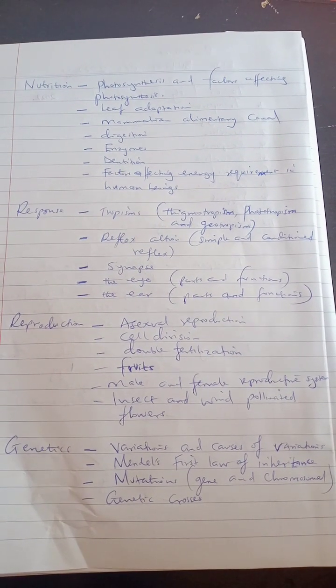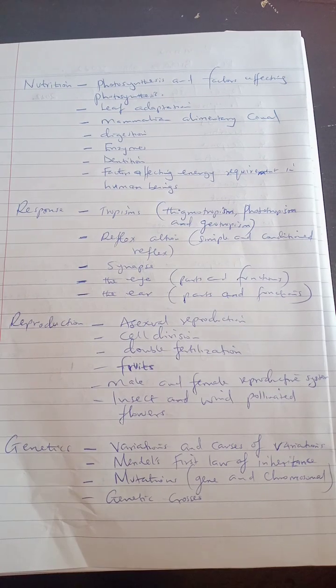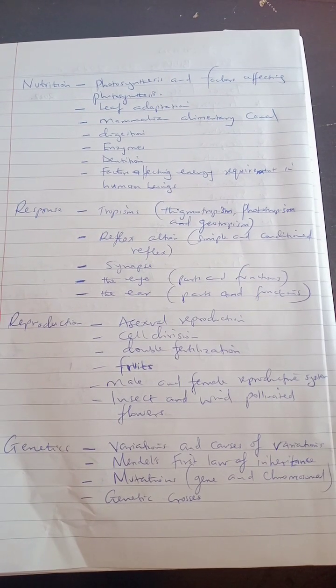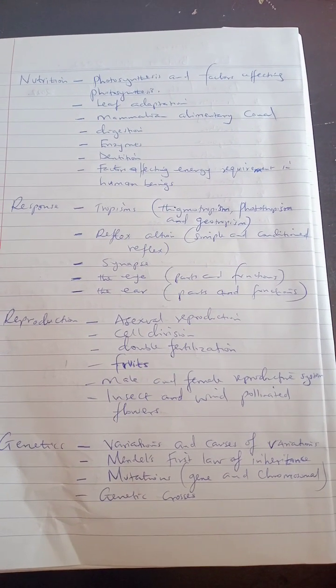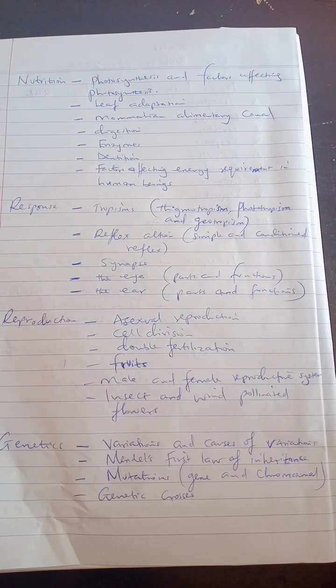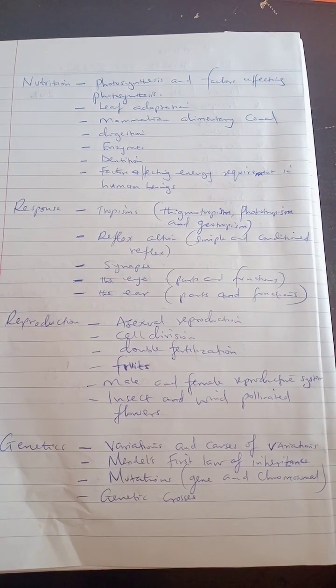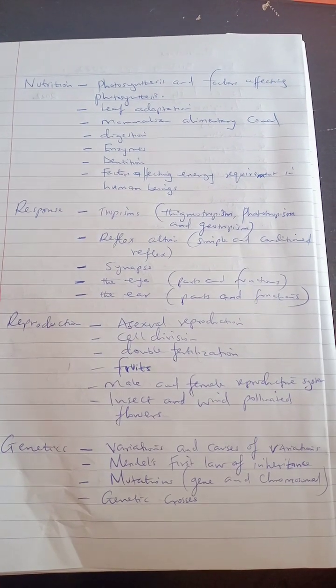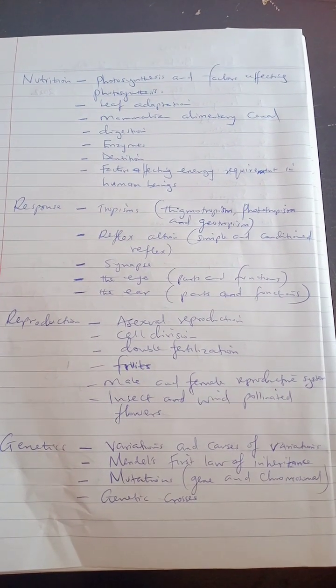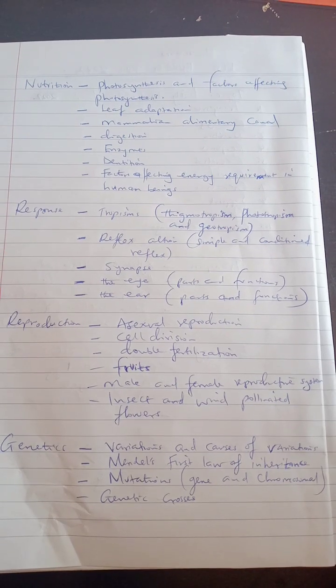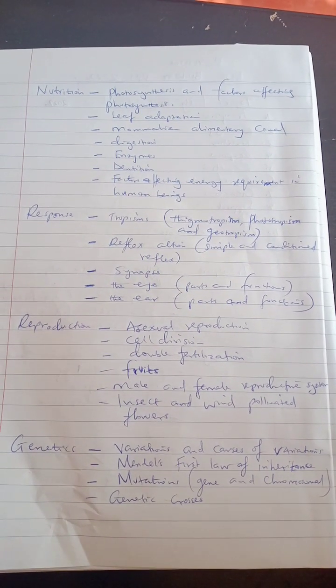Basically the types of dispersal: animal, wind, water, and self-dispersal. Then female and male reproductive systems, the parts and their functions are very important. And then insect and wind pollinated flowers, you see how they are adapted. You will be safe with this topic.